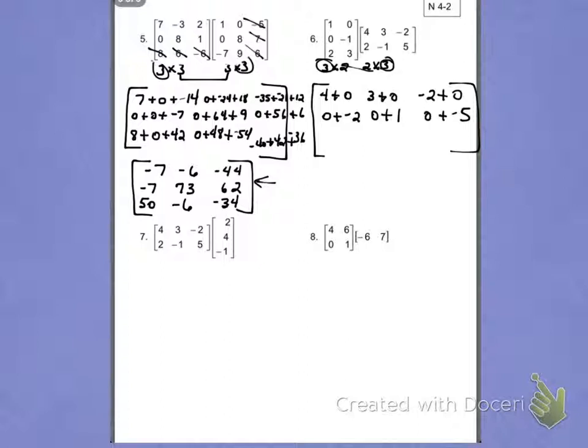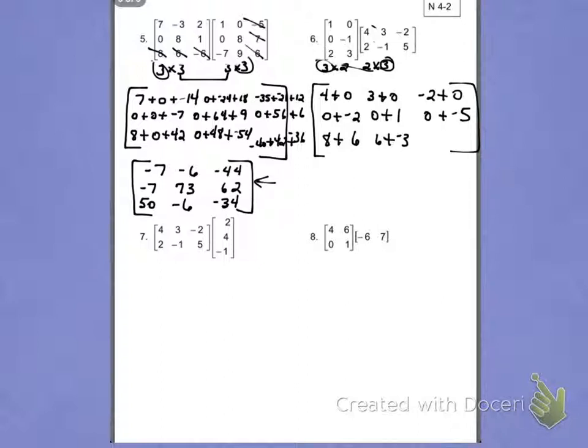And last row, 2 times 4 is 8, plus 3 times 2 is 6. Two times 3 is 6, plus 3 times negative 1 is negative 3.